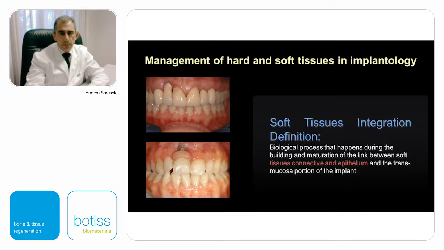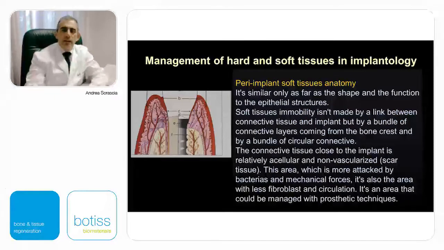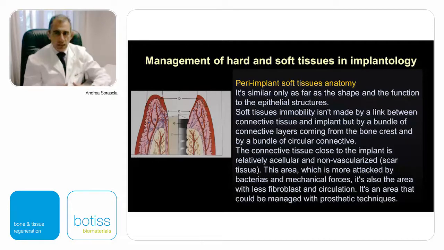And we have to keep in mind that peri-implant tissues are similar only as far as the shape is concerned, but the connective tissue close to the implant is relatively acellular and non-vascularized. This area, which is more attacked by bacteria and mechanical processes, is also the area with fewer fibroblasts and circulation.